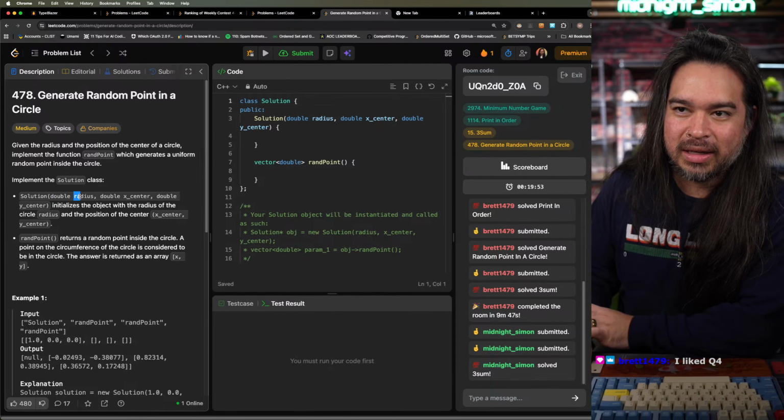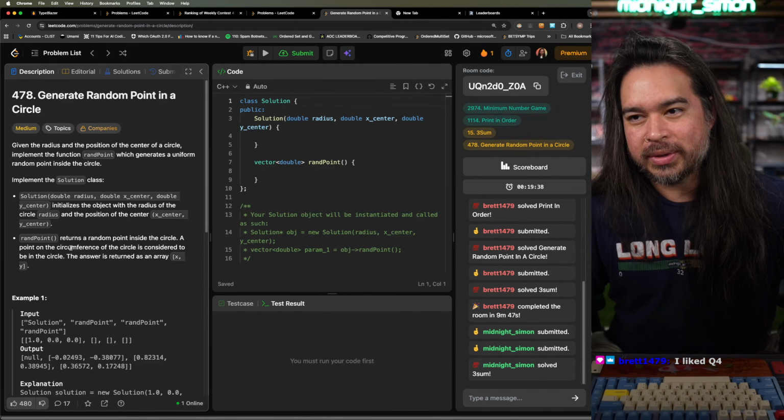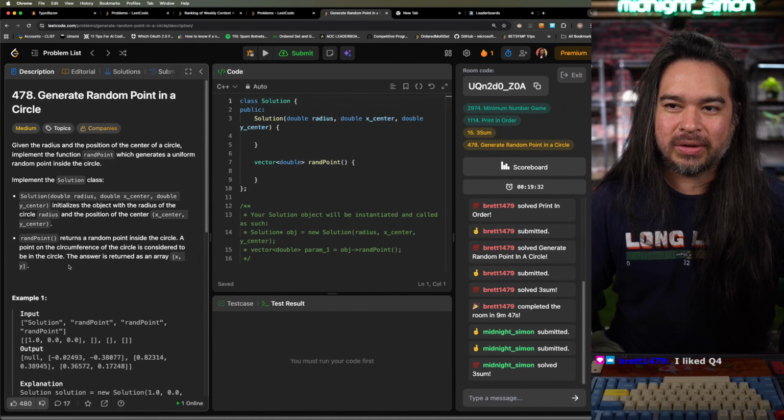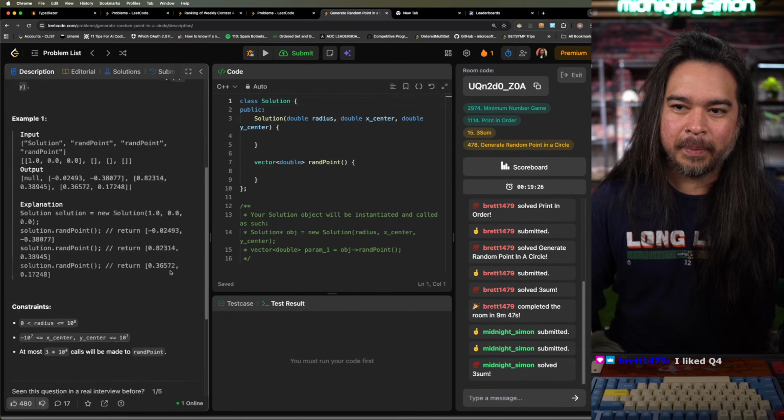Solution takes in a radius, x center, and a y center. Initializes the objects with radius of the circle radius and the position of the x center and the y center. Random point returns a random point inside the circle. A point on the circumference of the circle is considered to be in the circle. The answer is returned as an array x, y.